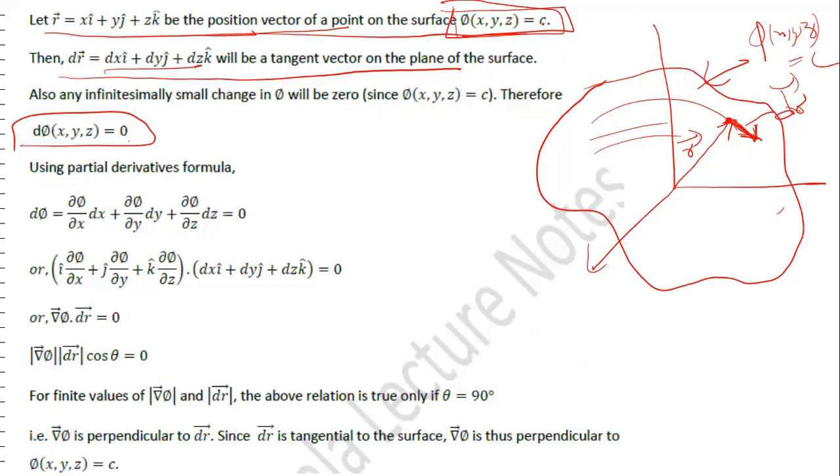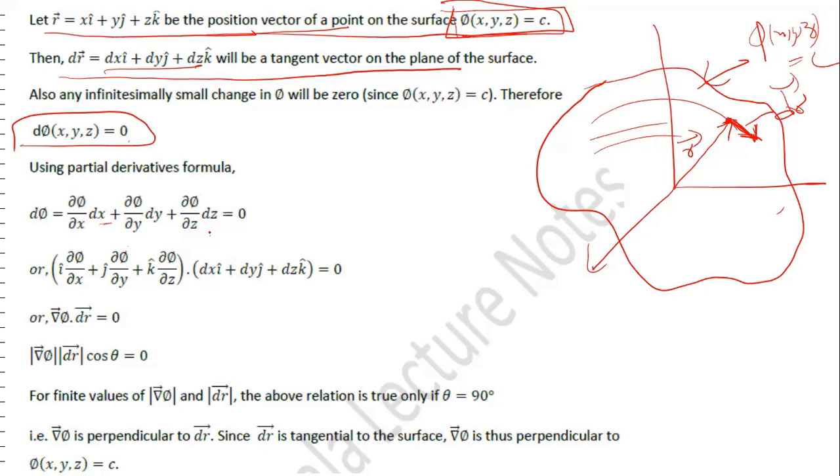Now using the partial derivative law that we explained before, if phi has a dependency on more than one variable, we can write it as del phi upon del x into increment on x, plus del phi upon del y, how quickly phi changes with y, multiplied with increment on y, and similarly for z.